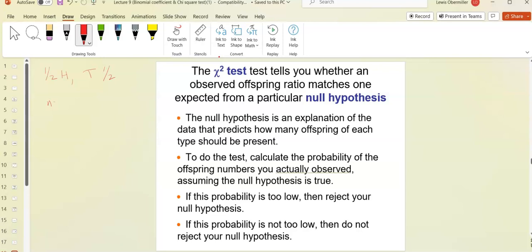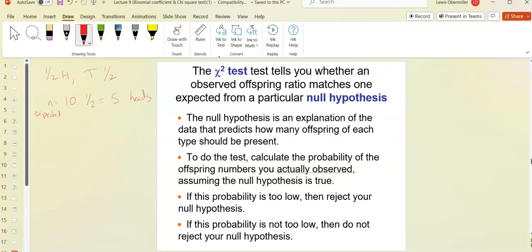So we need to figure out a number. How many times are we going to flip this coin? Let's just say we're going to flip it 10 times. So our N is 10. Well, of this, we would expect 50%, right? Or 10 times 1/2, which is 5 times should be heads. And so this is our expected.